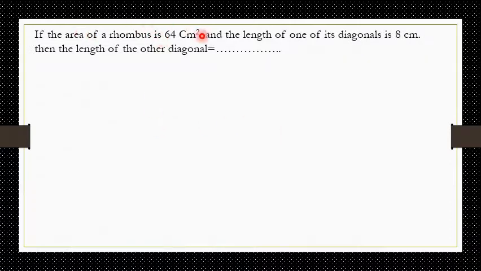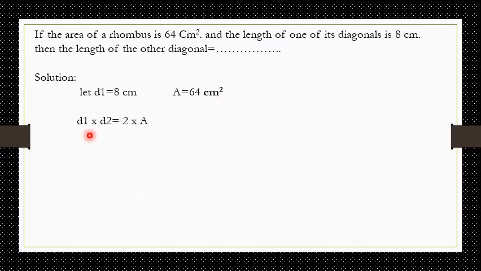Now, if the area of a rhombus is 64 centimeter square and the length of one of its diagonals is 8 centimeter, find the other diagonal. Solution, let D1 equals 8 centimeter, the first diagonal equals 8 centimeter, and A, area, equals 64 centimeter square.